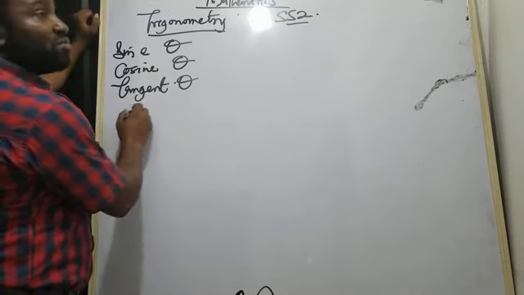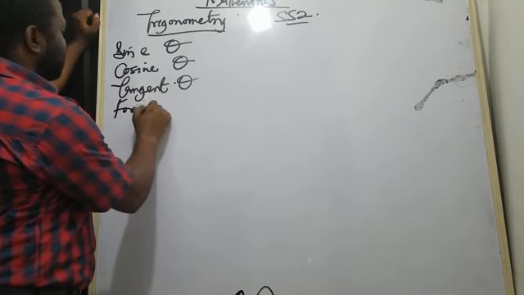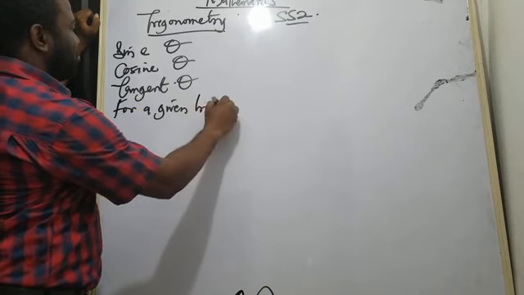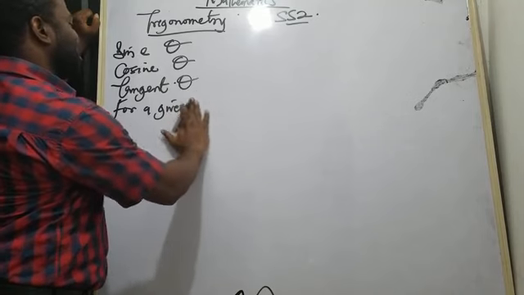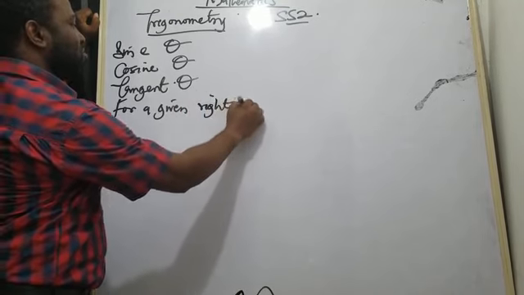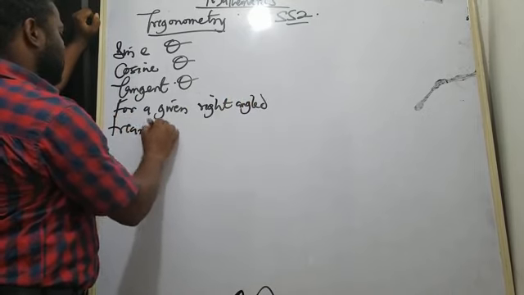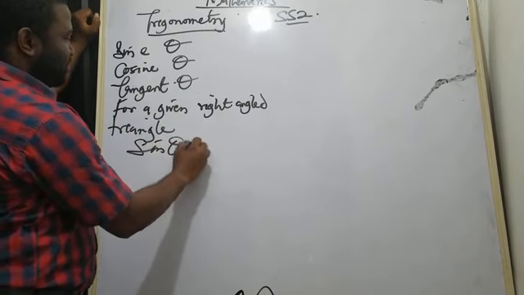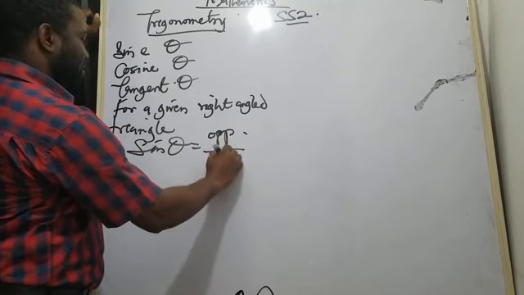any given right angled triangle, sin theta is equal to opposite over hypotenuse.